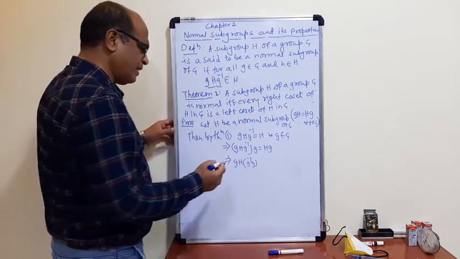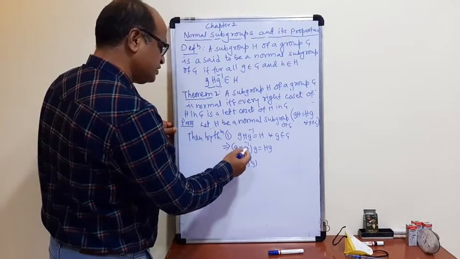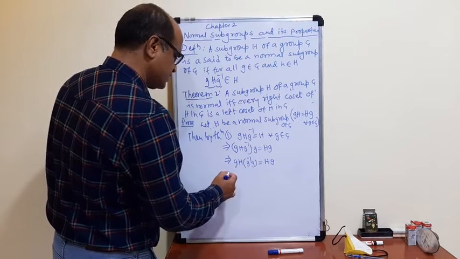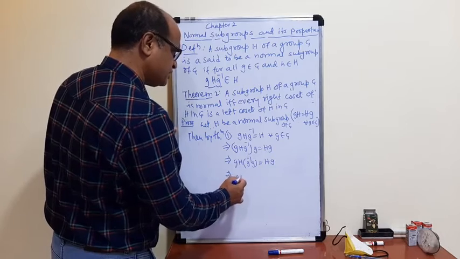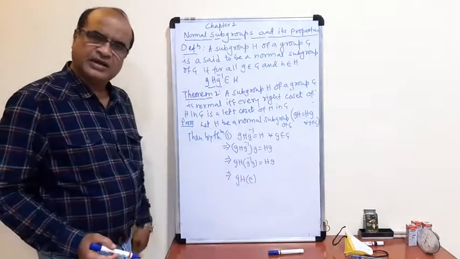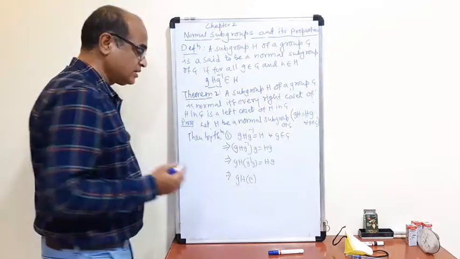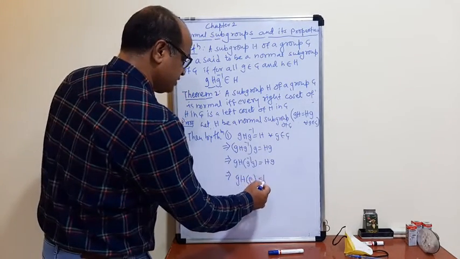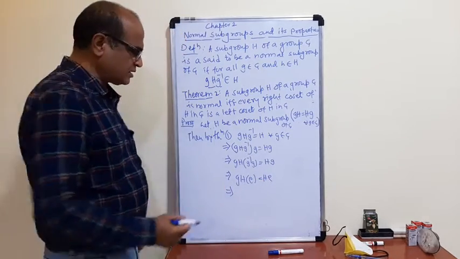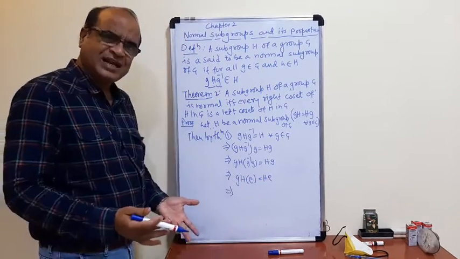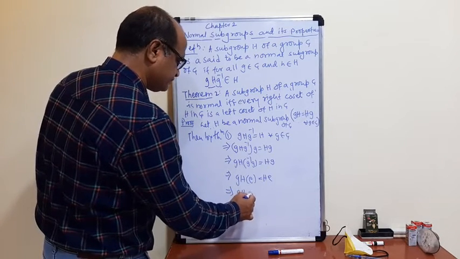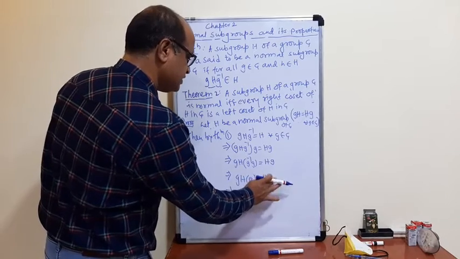So very simple: gH into g inverse into g is equal to Hg. So this implies gH into e, by the existence of inverse, is equal to He, and then we use the identity property of the group. So gH into e is H itself. So this is the identity property. So that is gH is equal to Hg.